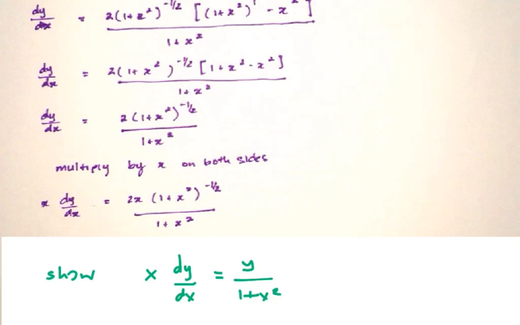So now I'm going to introduce the x in the left hand side by multiplying both sides by x. So I get x times dy/dx is equal to 2 times, and I put in that x there to give you 2 times x times (1 + x²)^(-1/2), divided by 1 + x².